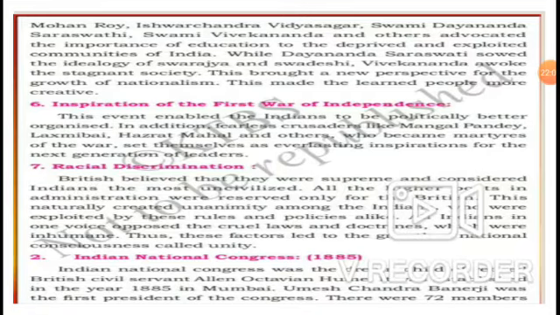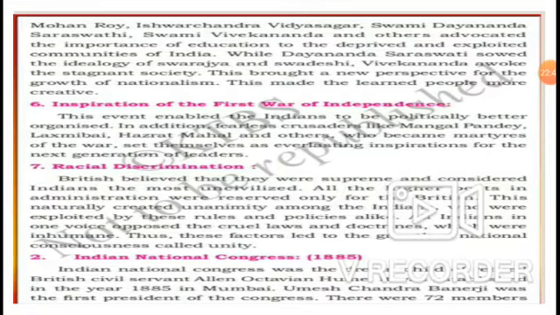All the higher posts in administration were reserved only for the British people, not for the Indian people. So this naturally created an enmity among the Indians. This was the first differentiation between the Indian people and the British people.